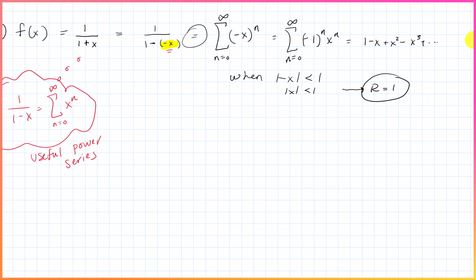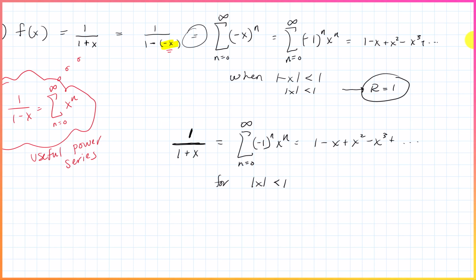And so we can make another statement, and this is another one that we could add into our useful power series. It's easy to derive from our first useful power series, but it's also common enough that it's nice to have memorized: the sum of negative 1 to the nth, x to the nth, which is 1 minus x plus x squared minus x cubed, and so on and so forth, for the absolute value of x less than 1.